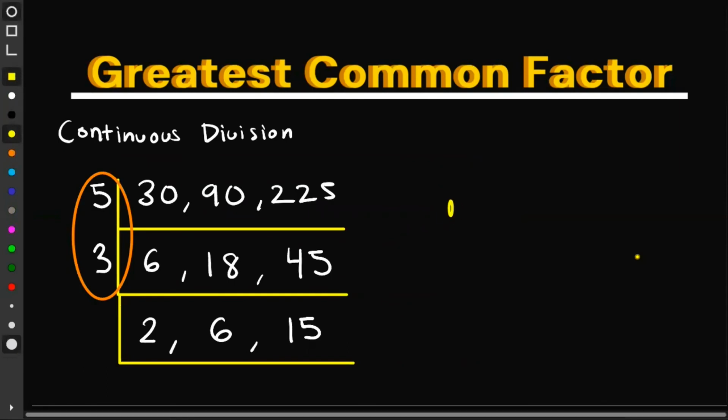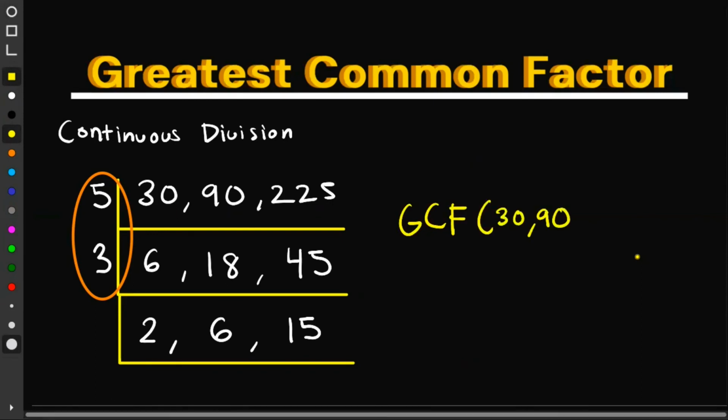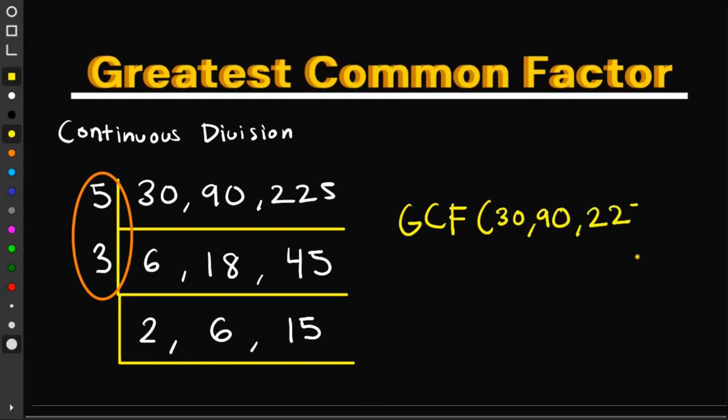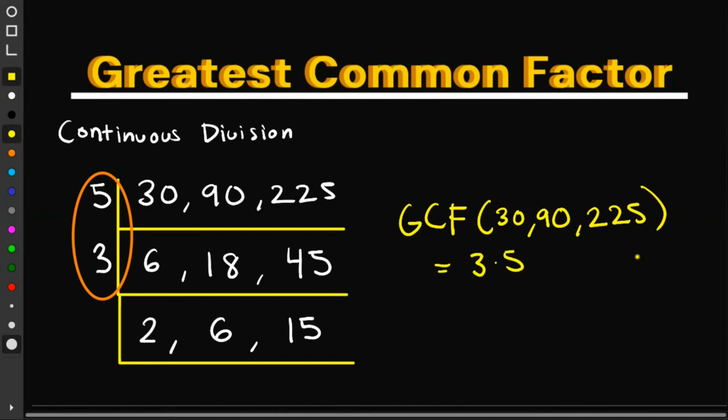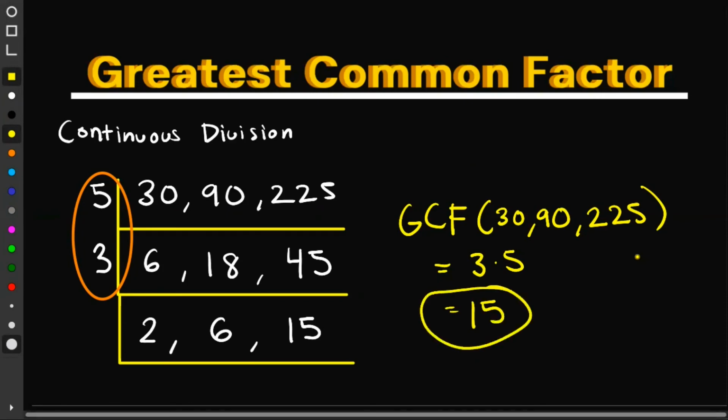So we have the GCF of 30, 90, and 225 is equal to 3 times 5 or 15. And that is our final answer.